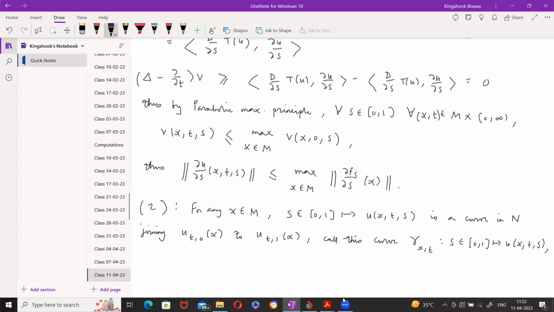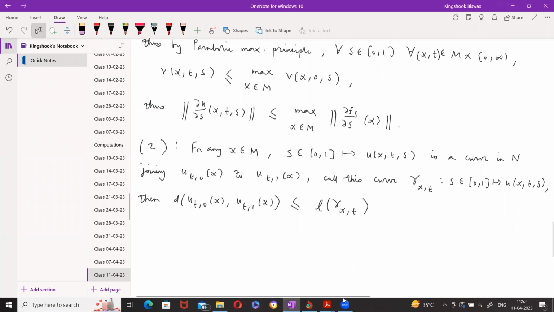Then the distance between u_{t0}(x) and u_{t1}(x) is the infimum of lengths of paths joining these two points. So in particular, it is less than the length of this path, gamma_{x,t}. The length of a path is the integral of the speed, so the integral from 0 to 1 of the norm of del u del s of (x,t,s).